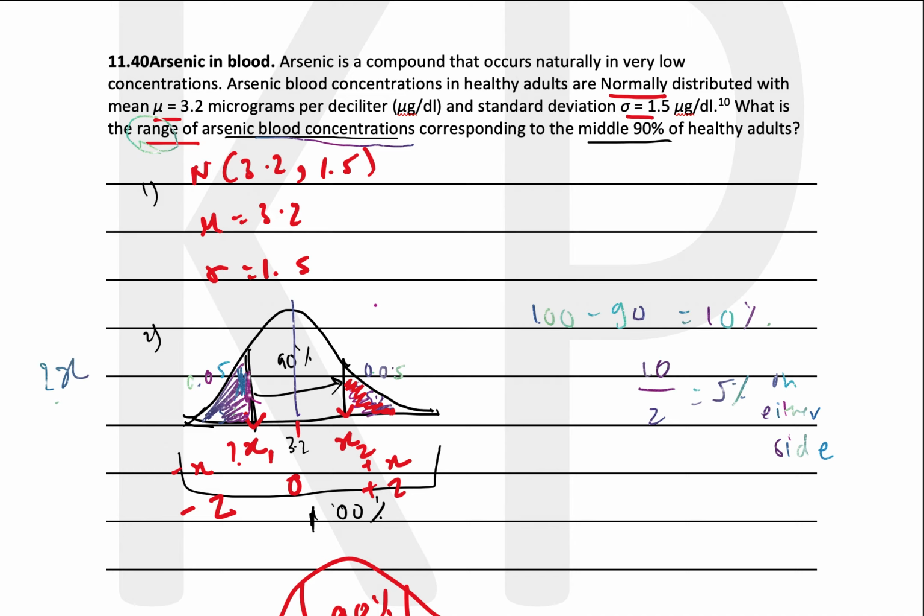So lower and upper boundary for what? For the middle 90% of healthy adults. So let's say this is the 100% of the data, and this is the middle 90%. They are asking me particularly what is this lower boundary of x, that is x1, let's say, and what is this upper boundary of the 90%, that's nothing but x2. That is what they are asking.